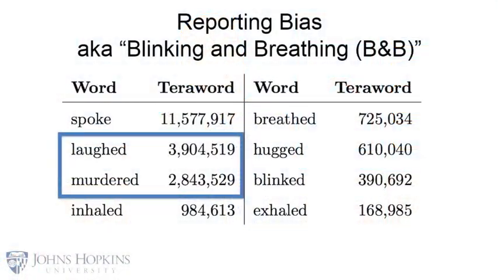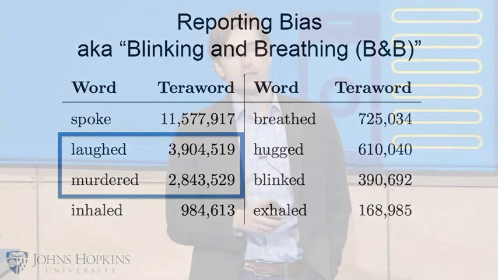If we look at just basic frequencies pulled off of the Google Ngram collection that Google released to the community in the mid-2000s, we can do a naive survey of various verbs that people use, and it's scary to think that people might be murdering at the same order of magnitude as laughing, but clearly that's not the case.